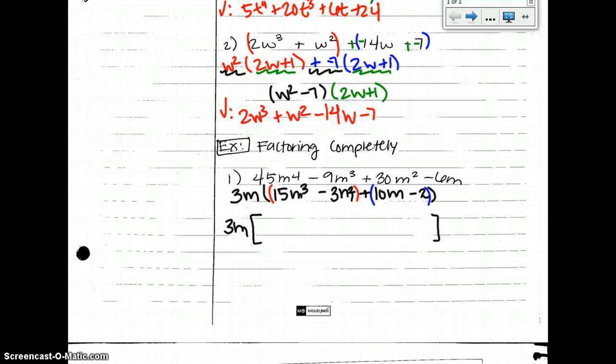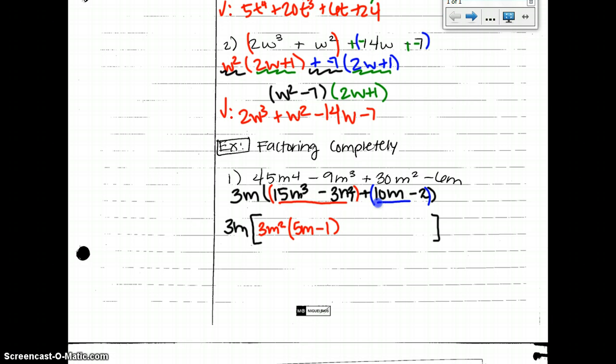Looking at our first set of terms, we could pull out a 3m squared, which leaves us with 5m minus 1. That's that portion.